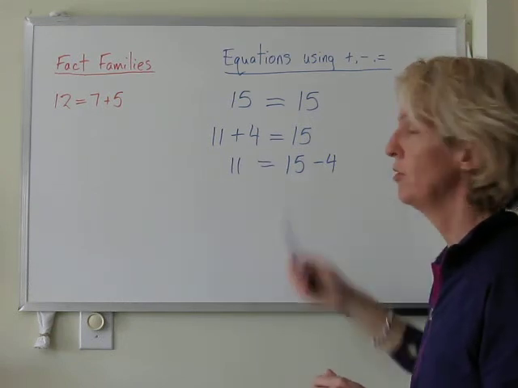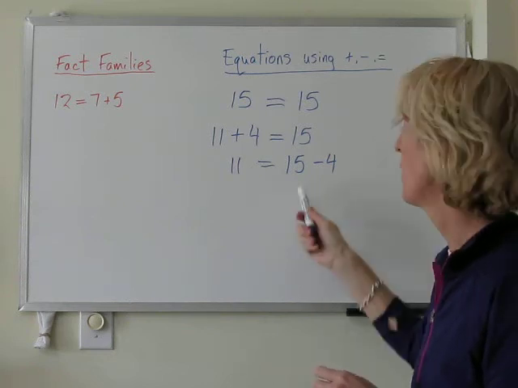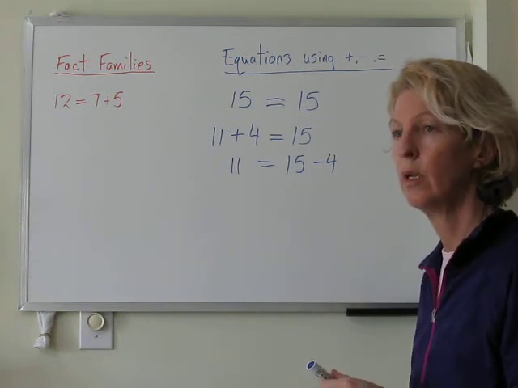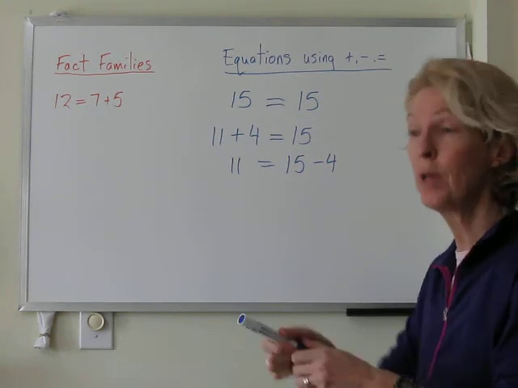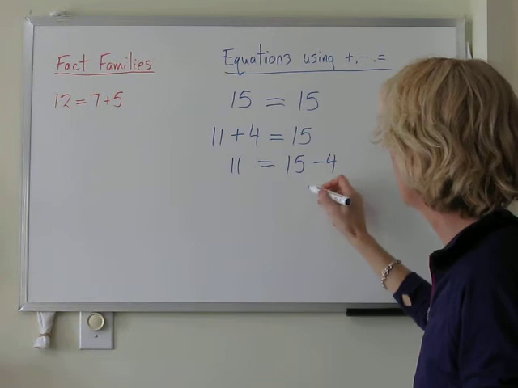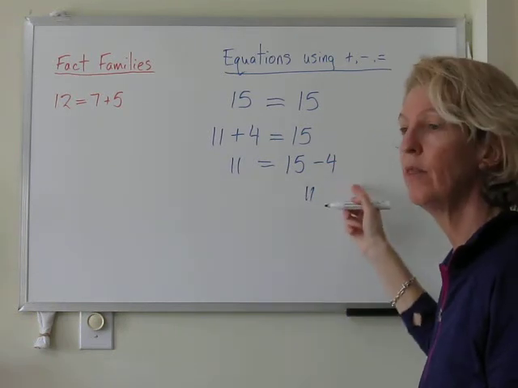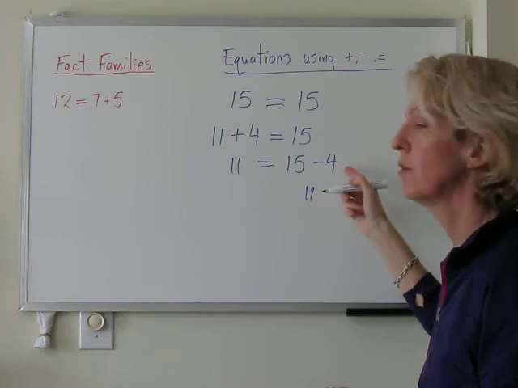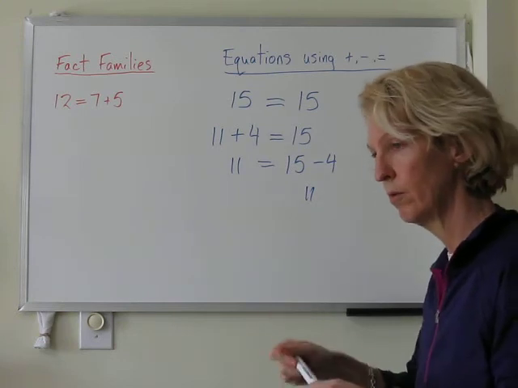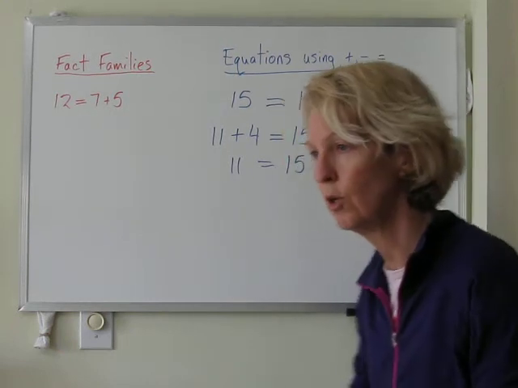On this side, how much do we have? 15 minus 4, which is how much? 11. Really? Oh, okay, we have to check our answer. So we have 11 on this side, we have 11 on this side. 11 equals 11. This is an equation. This is a true statement. Okay? So, good to know.